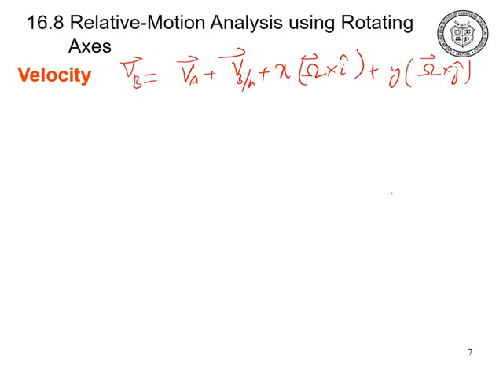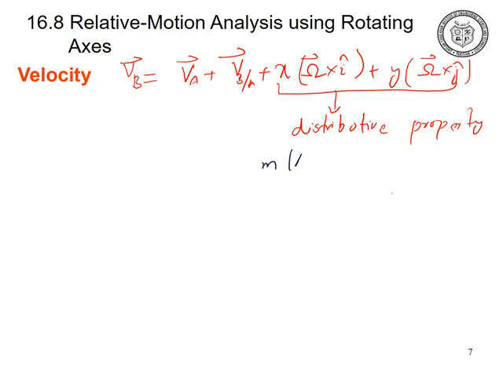So by using the distributive property of the cross product. What is the distributive property of the cross product? It is that m times a cross b equals m a cross b equals a cross m b.